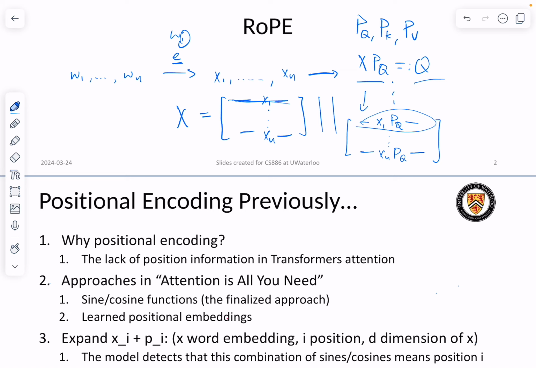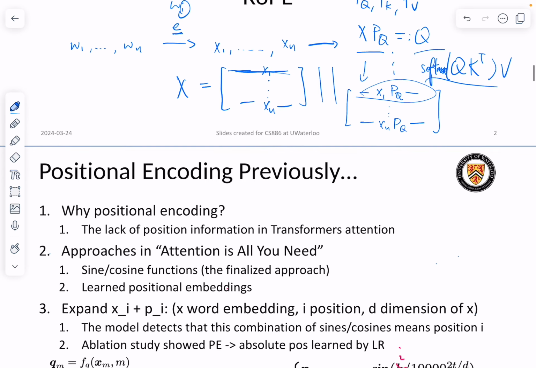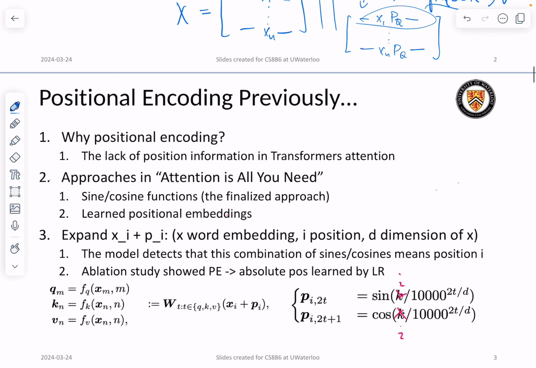And when we later do QK^T, take the softmax of it and multiply by V, there's still nowhere that we consider the positional information. So in a way, the positional information is lost if we just do raw transformers and don't look at positional encoding at all. So that's why we need positional information.